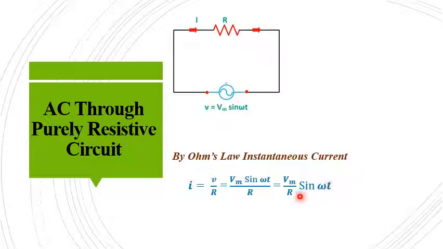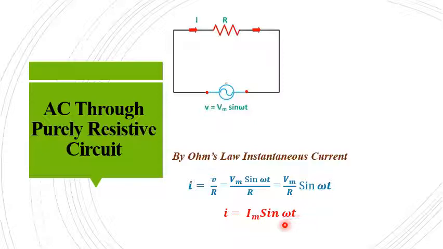We know that the sin value varies from 0 to 1. So the maximum value of current is Vm by R. I can give this parameter as Im, since it's a maximum value. So current I can be written as I equal to Im sin omega t.